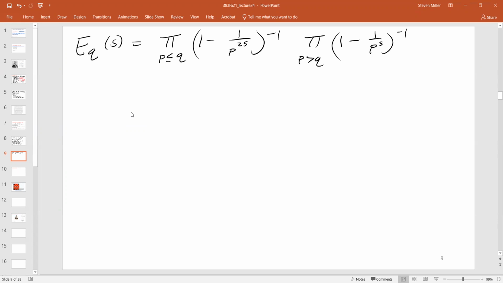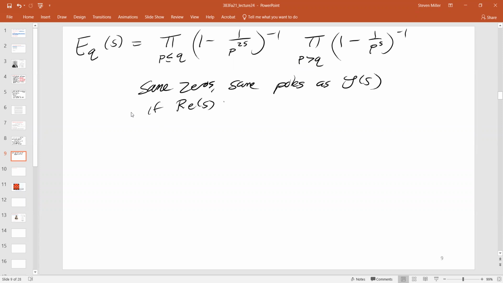Same zeros. What about poles? Same zeros, same poles as zeta of s. Right? And to be safe, let's say if the real part of s is greater than 1/4. What is the limit as Q goes to infinity of EQ of s?